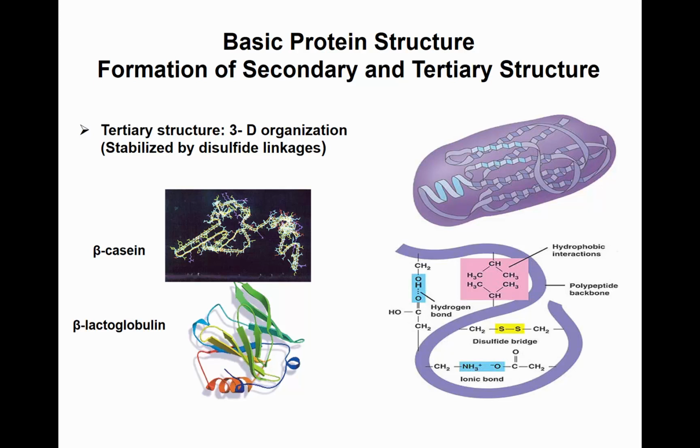So sodium caseinates are used in industry mostly as emulsifiers because of their amphiphilic nature, whereas whey protein is mostly used in beverages for its great solubility, because on the surface of beta-lactoglobulin you have a lot of hydrophilic amino acids that interact with water. So here's an example of structure impacting function, where the tertiary structure determines that beta-casein is an emulsifier, and whey protein has excellent solubility and is used mostly in high protein beverages.